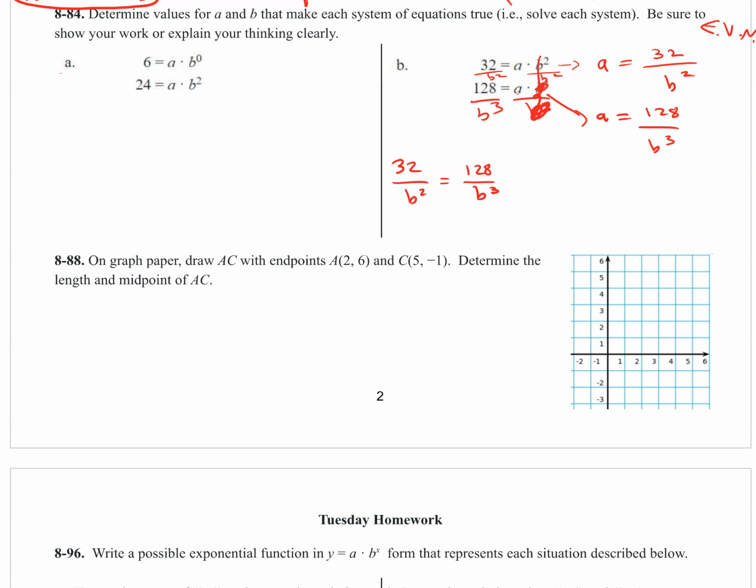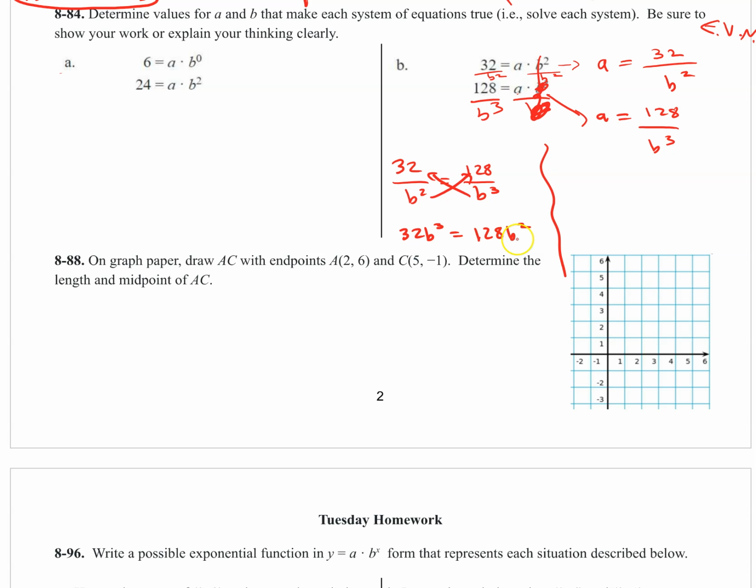Then use cross multiplication. 32 times b raised to the power 3 equals 128 times b squared. All right. What's tricky here is we now need to divide by the smallest power of b.